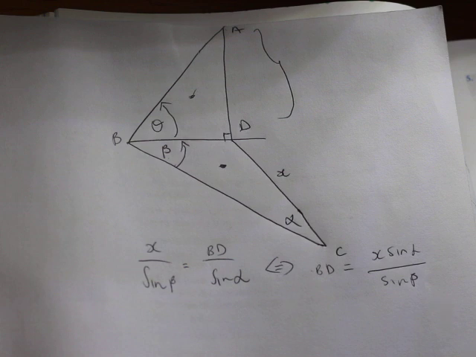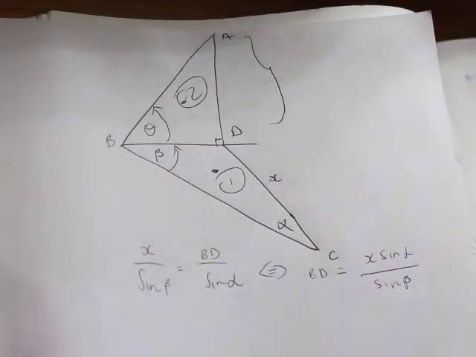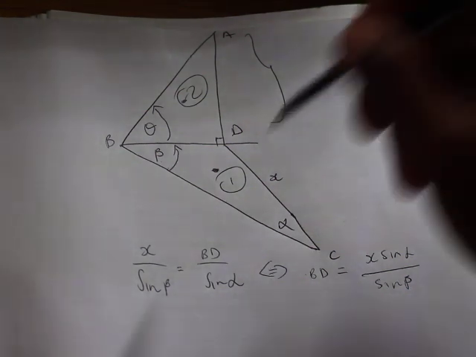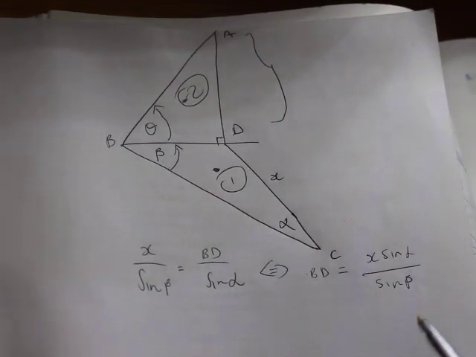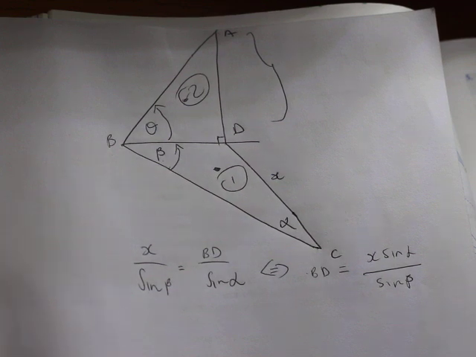The side which is common, once you find its length using the other triangle. Let's say this is triangle 1, this is triangle 2. We've just used triangle 1 to find the length of BD. Now we are going to use BD in triangle 2, because we know that BD belongs to both triangle 1 and triangle 2. Do you understand?